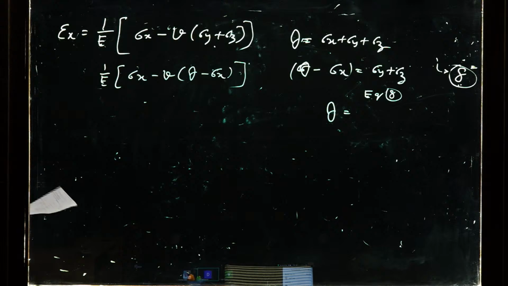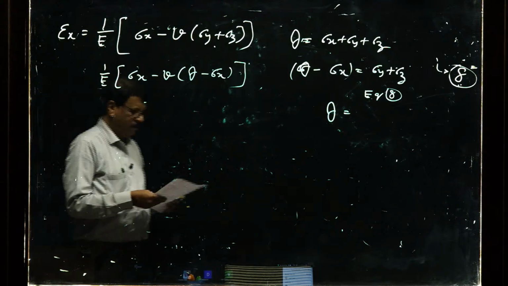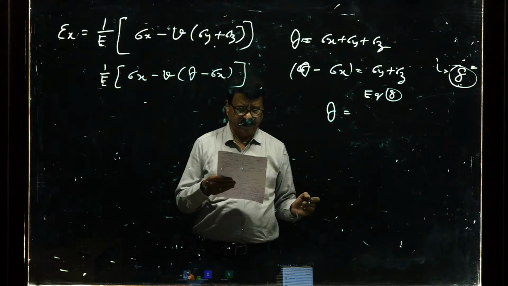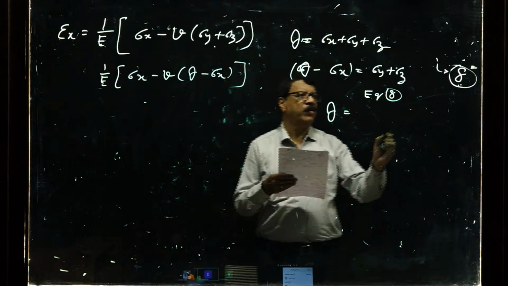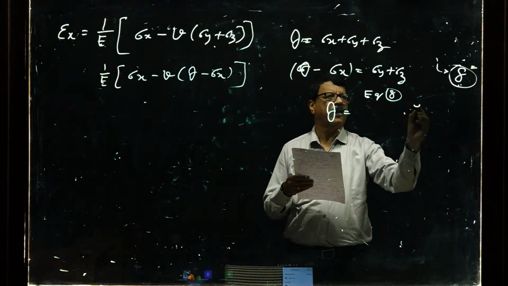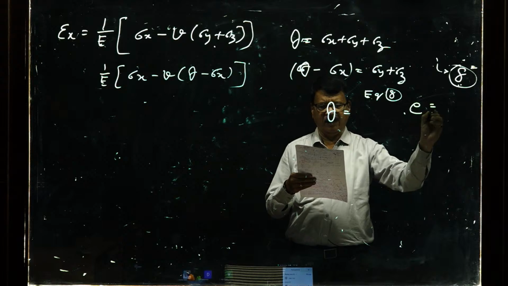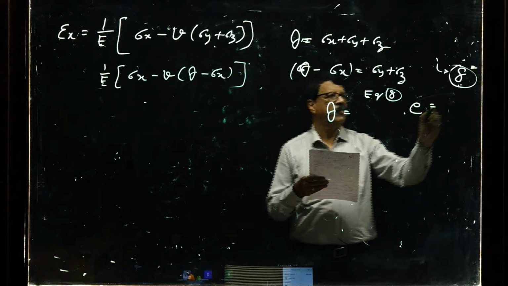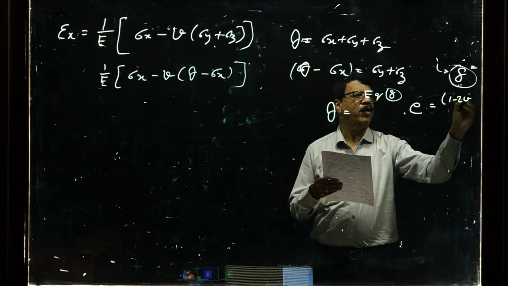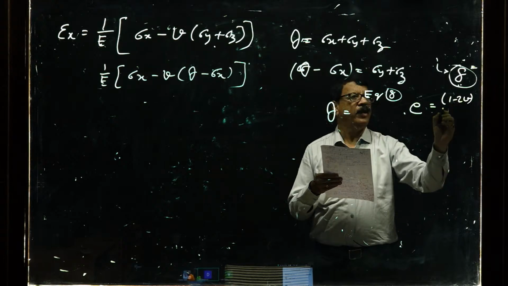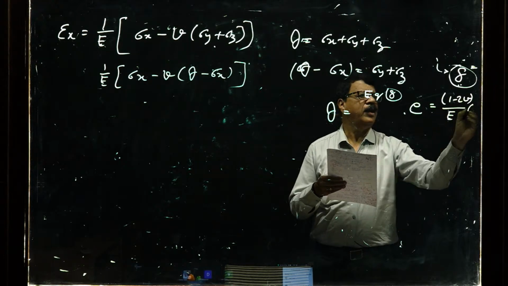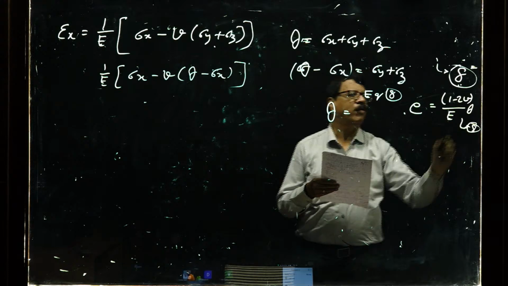Sir, equation 8, theta by E into 1 minus 2. No. Here E is equal to 1 minus 2 Poisson's ratio divided by E, theta. This was equation 8. Yes, sir.